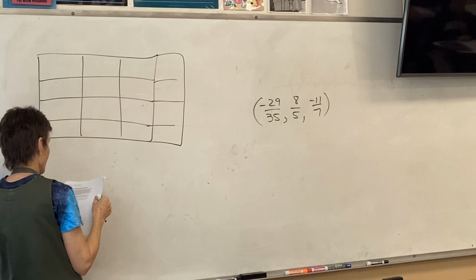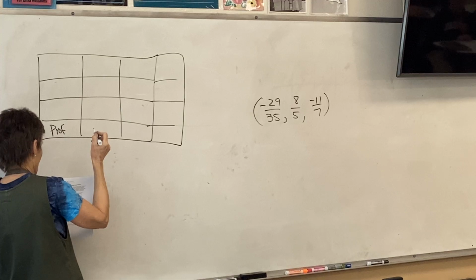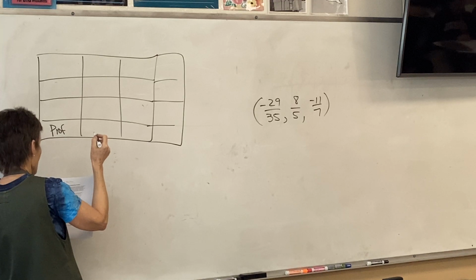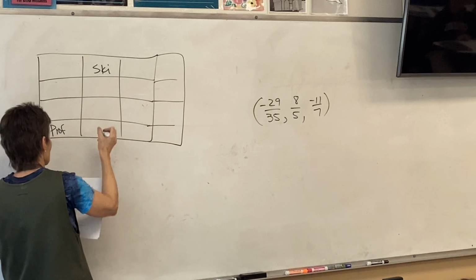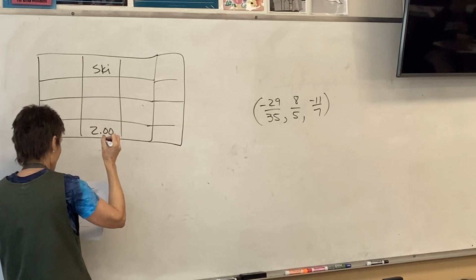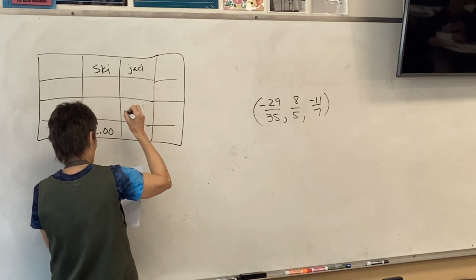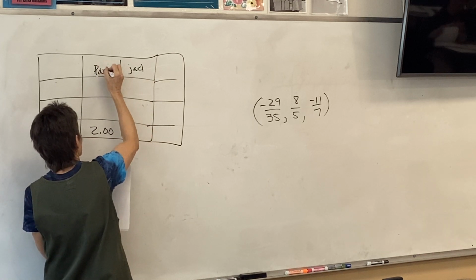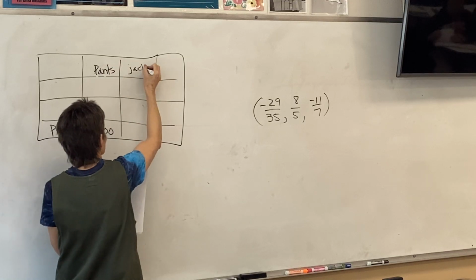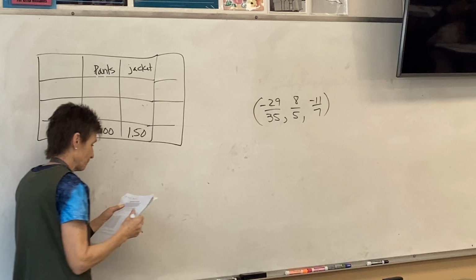Alright, so the profit on a pair of ski pants is $2, and on a jacket, okay, wait, these are pants. So the profit on pants is $2, and the profit on the jacket is $1.50.